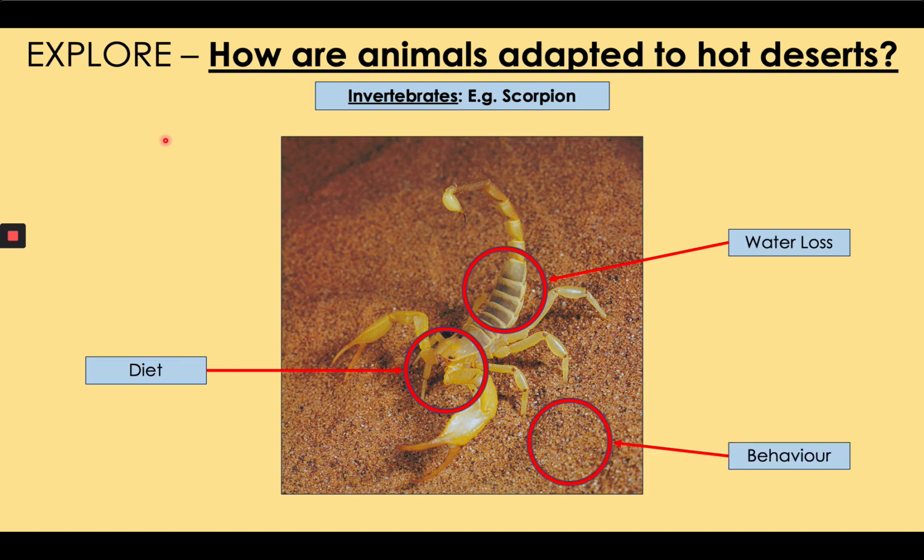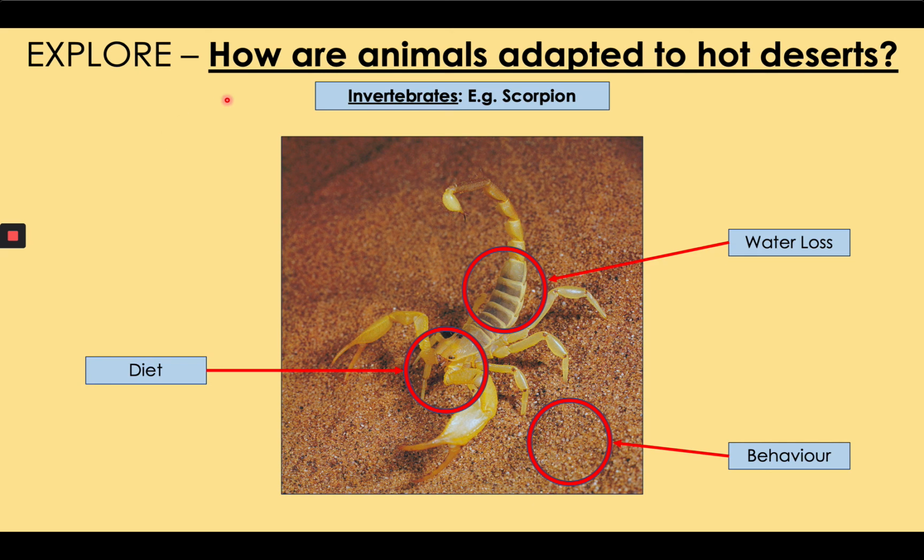And finally, the scorpion, much like many desert animals, especially the Fennec Fox, hides underground during the day and comes out and hunts at night. It is nocturnal. The coolness of the night allows it to survive, whereas in the day it would burn and it would die.